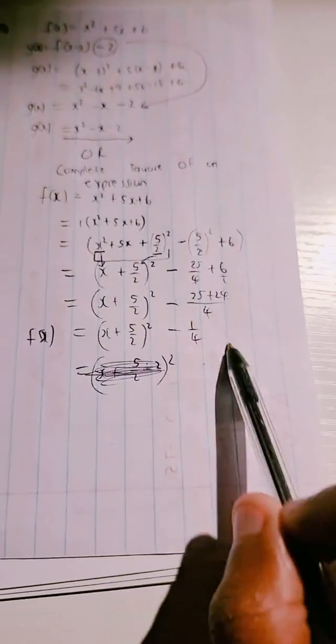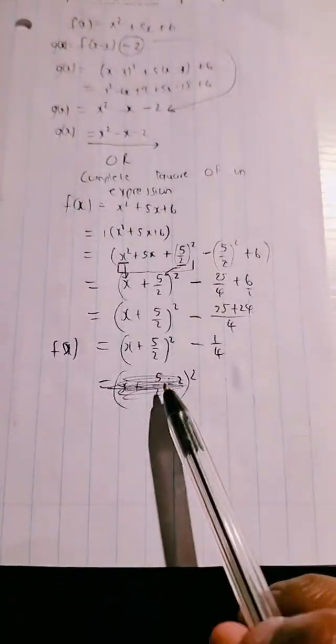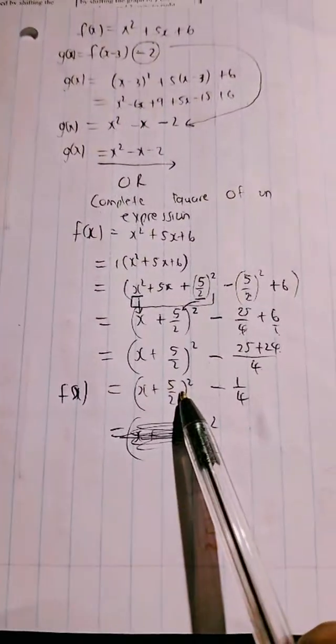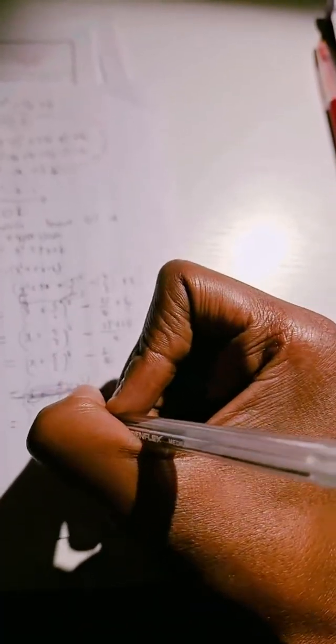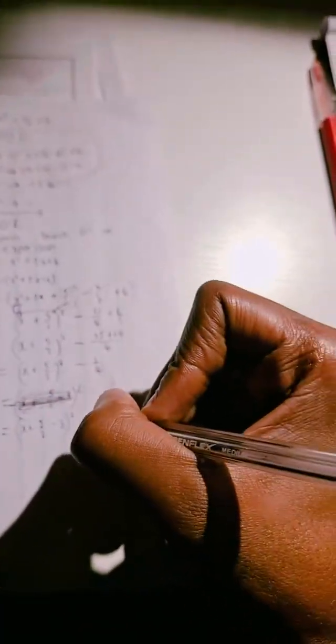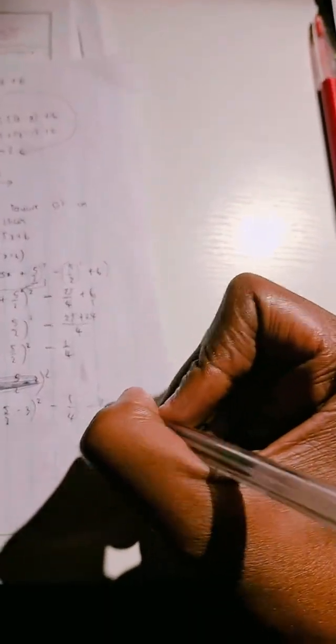Remember, 2 units down applies to q. See, now we are forgetting. We're saying 2 units down, who are we affecting? q. So that's minus 2. If we're saying 3 units to the right, that means we are subtracting from the p-value. So let's do that. x plus 5 over 2 minus 3, minus 1 over 4 minus 2.